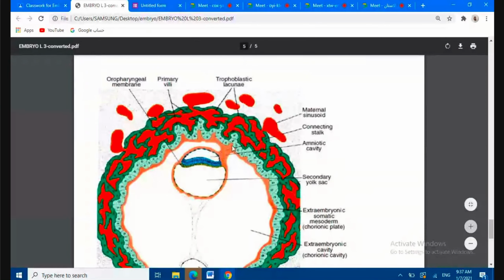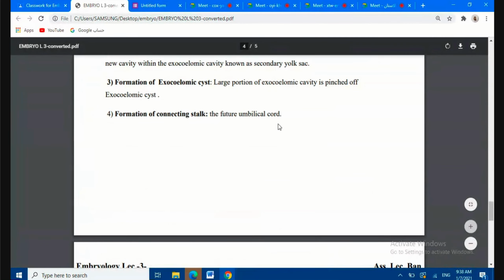So there is a connecting stalk formed in the day 13 that will connect this part to this one. And this will form in the future, I mean in the next weeks, the umbilical cord. شو راح يكون لنا؟ راح يكون umbilical cord، الحبل السري. So if I ask you, what's the origin of the umbilical cord? You can answer the connecting stalk.